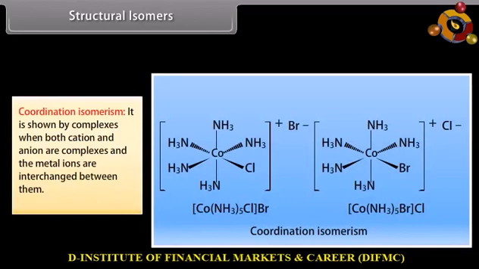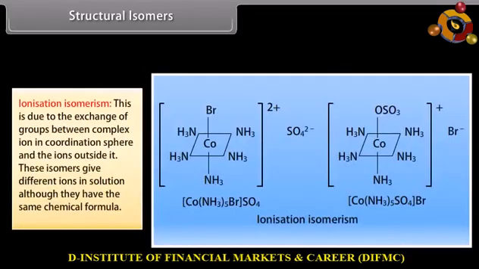Coordination isomerism. It is shown by complexes when both cation and anion are complexes and the metal ions are interchanged between them. Ionization isomerism. This is due to the exchange of groups between complex ion in coordination sphere and the ions outside it.